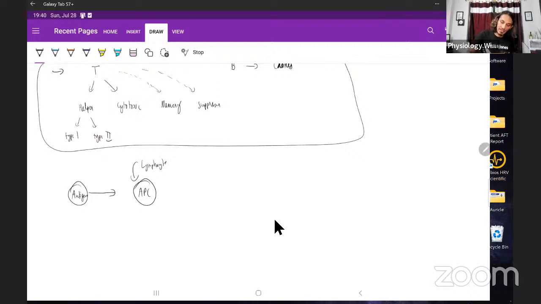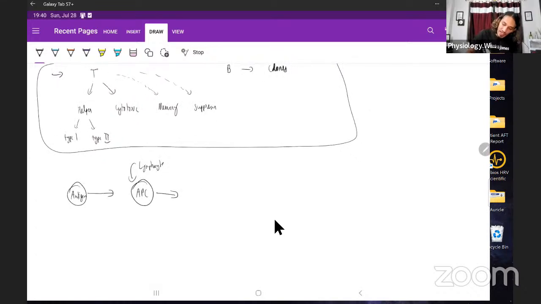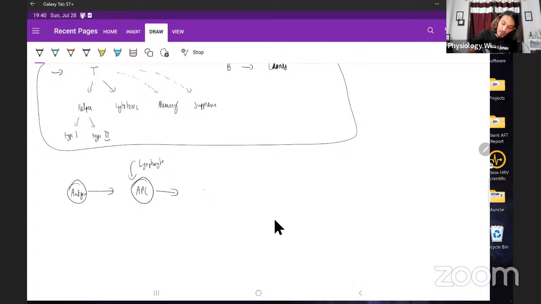Now, from the antigen presenting cell, what will happen? Direct activation of your cytotoxic T cells can happen, or through helper T cells, either it can activate your cytotoxics again, or it can activate your B cells indirectly.